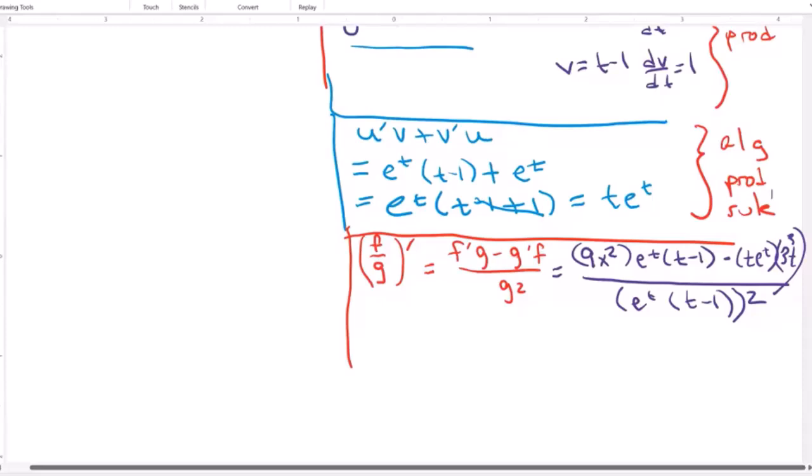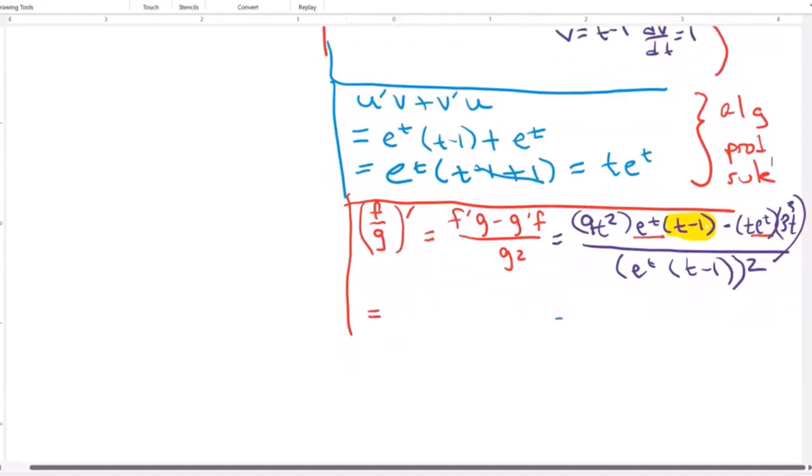So I know that looks nasty, and if you can't simplify anymore, I understand, but I'm going to still simplify as much as I can. e to the t, which I found in both my terms. And what do I have left? 9t squared times t minus 1.